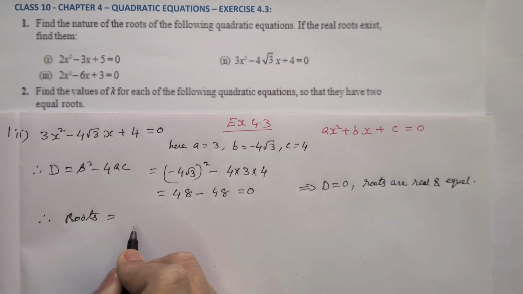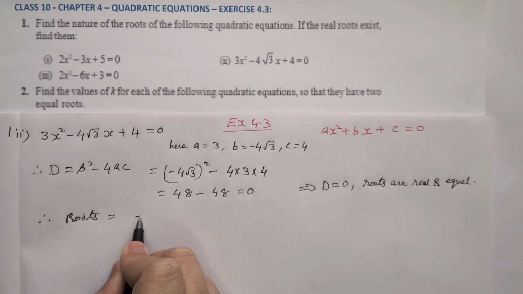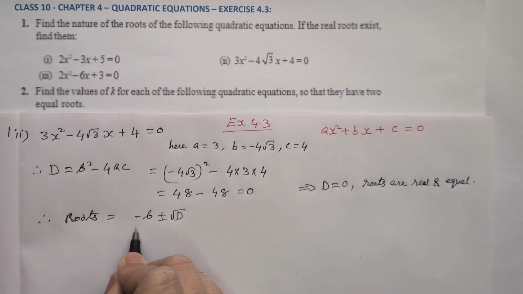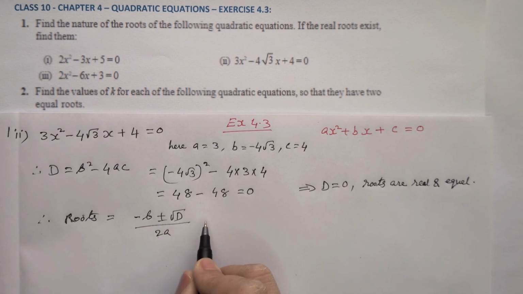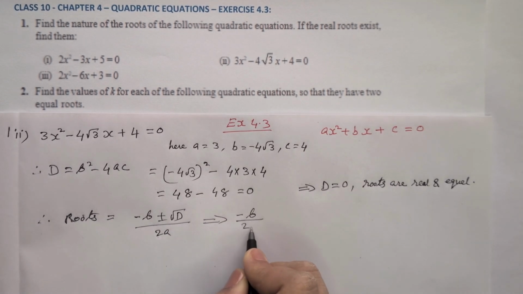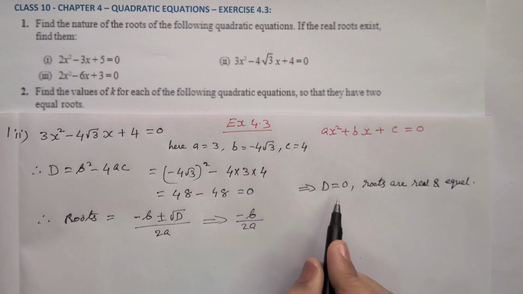we can find that as alpha and beta or just the roots is equal to −b ± √D by 2a. Here √D becomes 0. So we can write this as directly −b by 2a, plus or minus whatever, this D is 0.